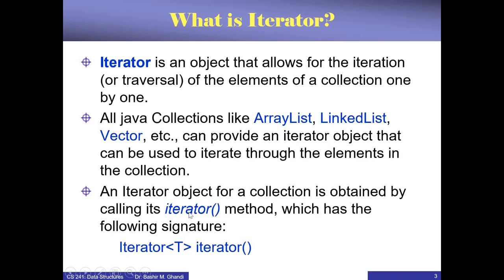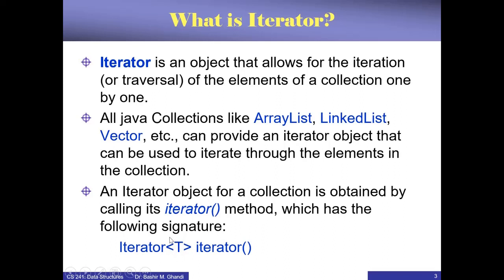This is the signature of the iterator method. As you can see, it has no parameters, so it doesn't receive any input. But the return type is a generic Iterator object. The generic type here depends on the type of the elements that are stored in your collection. So if you have, for example, an array list of integer, it will give you an iterator of integer. If you have an array list of string, it will give you an iterator of string, and so on.